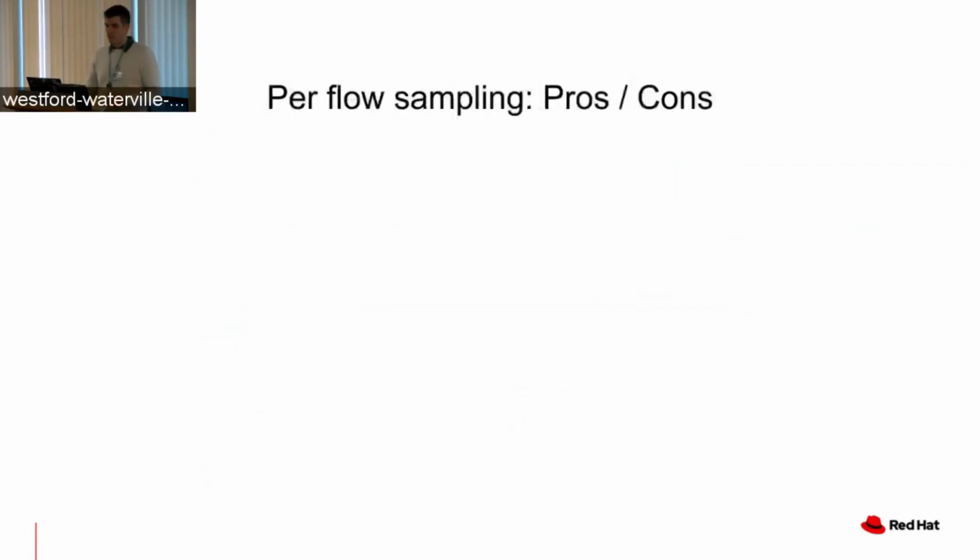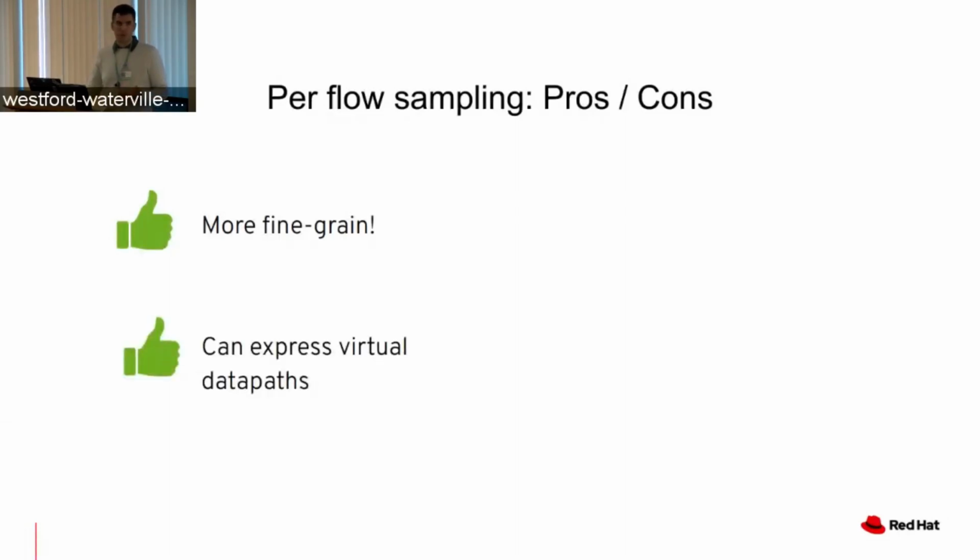So if we analyze the pros and cons of this setup, it is much more fine-grained. It can express virtual datapaths because we have these observation domain and observation point IDs associated with each of the flows. We could, for instance, express virtual datapaths defined by OVN using this mode.